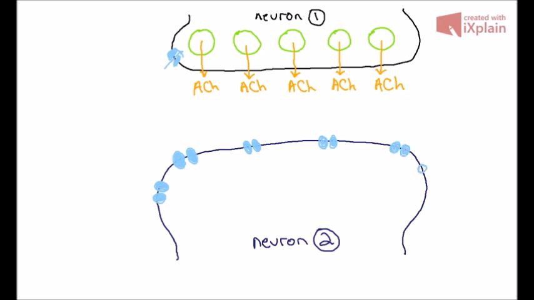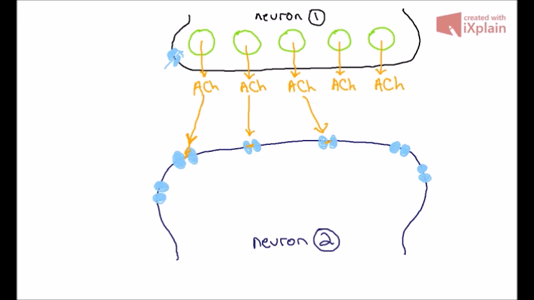So here's some chemical-gated channels. And the acetylcholine, the neurotransmitter, is the chemical that stimulates these to open. The acetylcholine comes down and stimulates these to open.